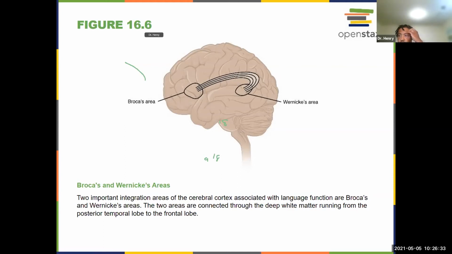So there's still this connection between both aspects of the temporal lobe and the frontal lobe, and that connection runs from the Wernicke to the Broca area.